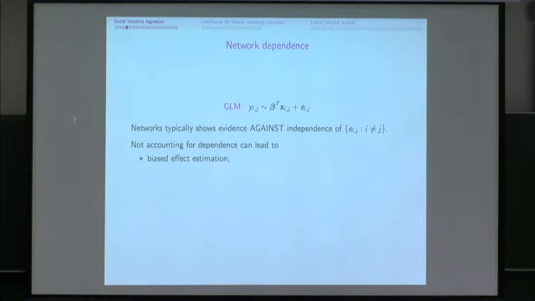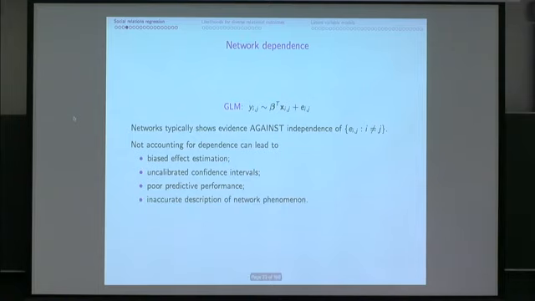We can get biased effect estimation if we have a non-identity link in our GLM. We can get uncalibrated confidence intervals, and poor predictive performance. And perhaps most importantly, we get inaccurate descriptions of network phenomena if we ignore the dependence in the randomness part. Often this is the most interesting part for many people.